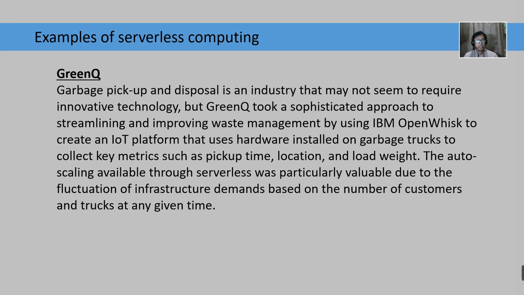The auto-scaling available through serverless was particularly valuable due to the fluctuation of infrastructure demands based on the number of customers and trucks at any given time. So because of that, GreenQ uses serverless computing.